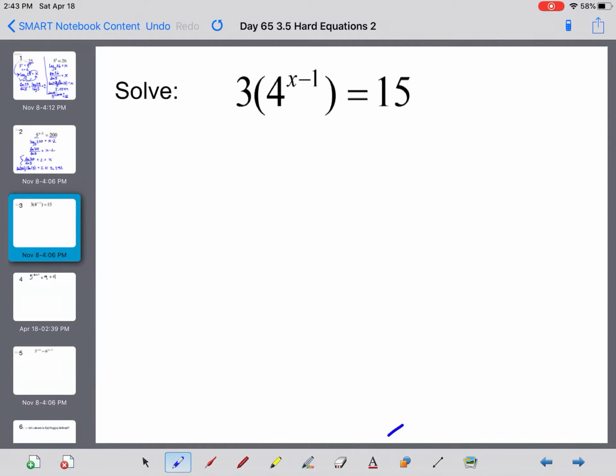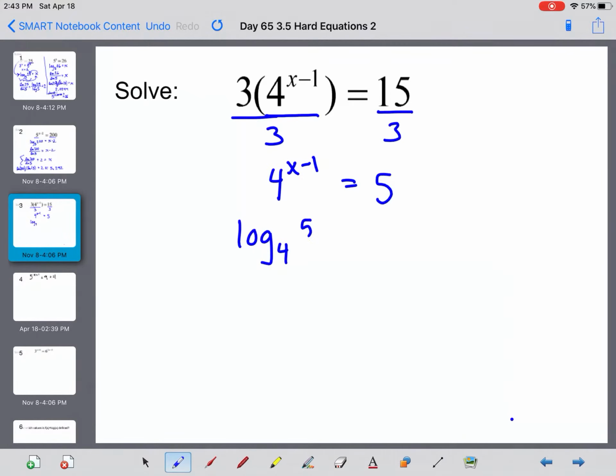Something like this is really no different. Do notice that my base is not by itself. I do have that 3 multiplying by my base to start with. So I need to divide both sides by 3 before I continue on with this problem. Now that I have that 3 taken care of and I have it simplified on the right hand side, I can rewrite this.